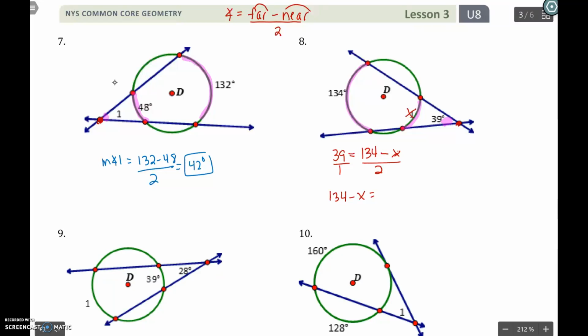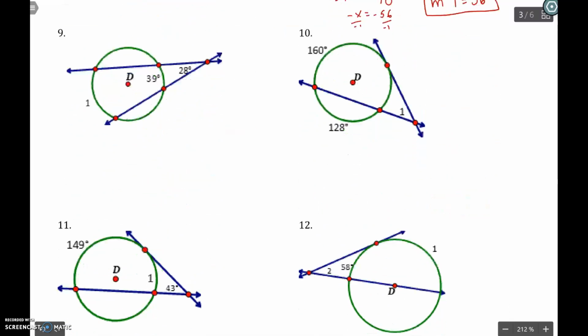And 39 times 2 is 78. And then 78 minus 134 is negative 56. So when I divide by the negative 1 on both sides, I will get that x is positive 56, and so the measure of arc 1 is 56 degrees.